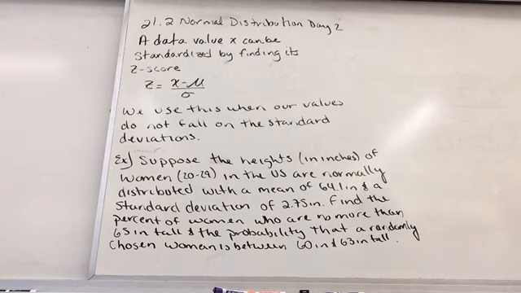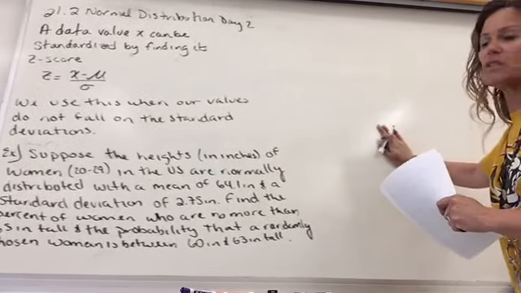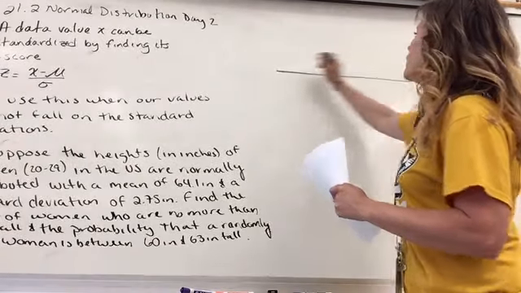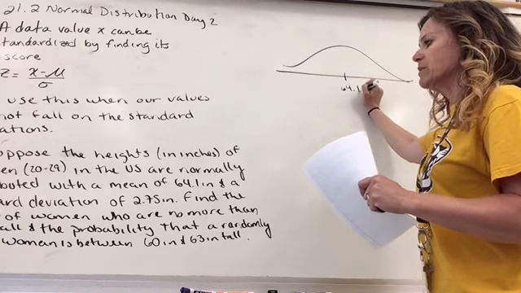So we actually want to use z-scores here because if we do a quick little test, and look at our normal distribution, this 64.1 would be in the middle.